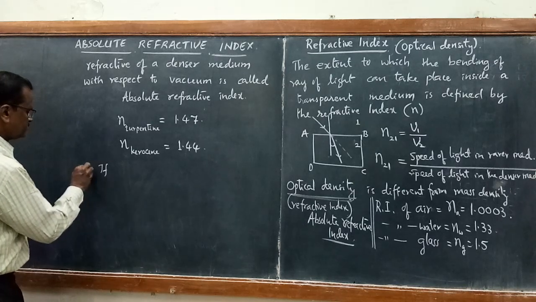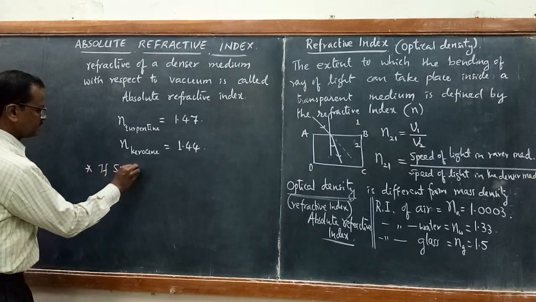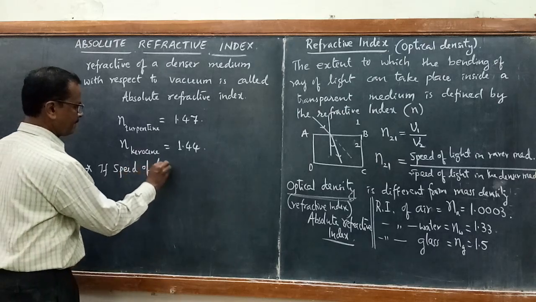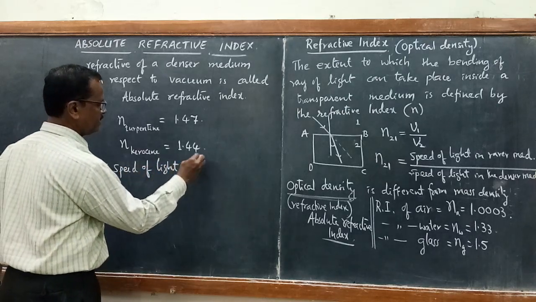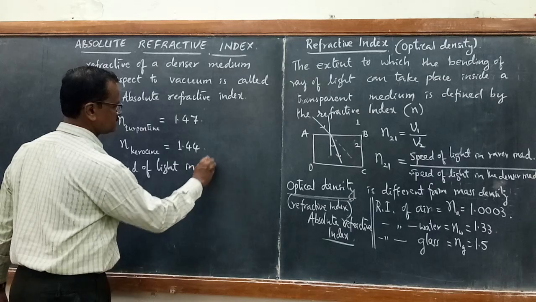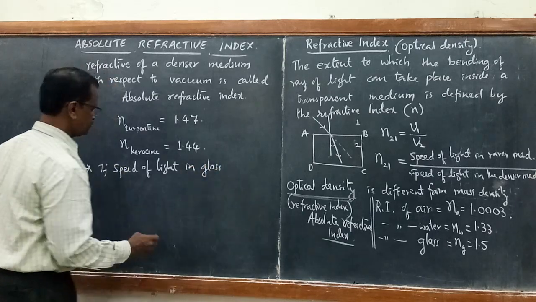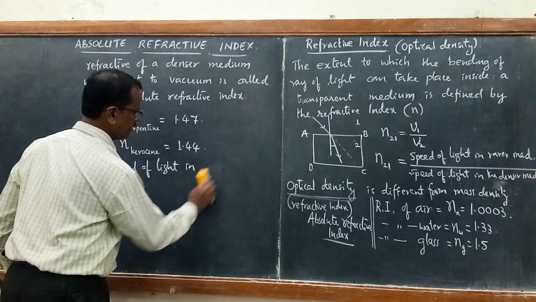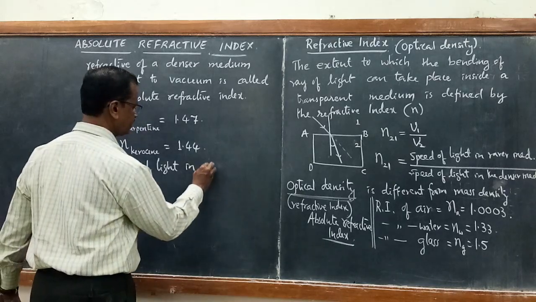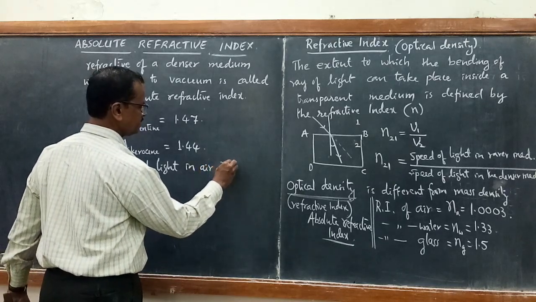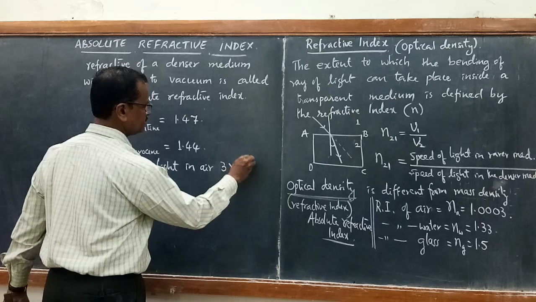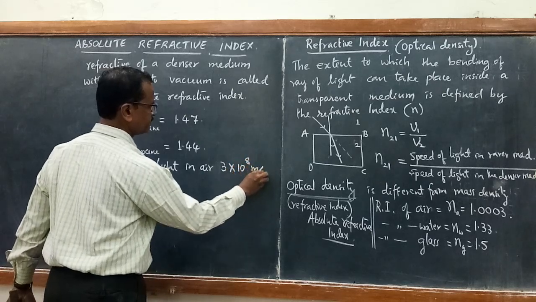Speed of light in air. We all know speed of light in air is 3 lakh kilometers per second, 3 into 10 raised to 8 meters per second.